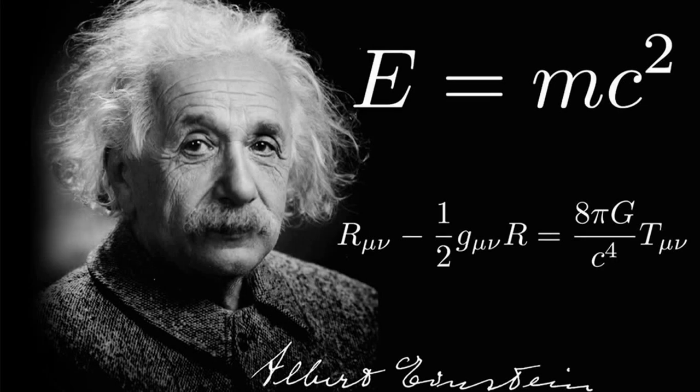It's difficult to separate the enormous legacy of E equals mc² from Einstein's legacy as a whole. After all, the equation grew directly out of Einstein's work on special relativity, which is a subset of what most consider his greatest achievement, the theory of general relativity.